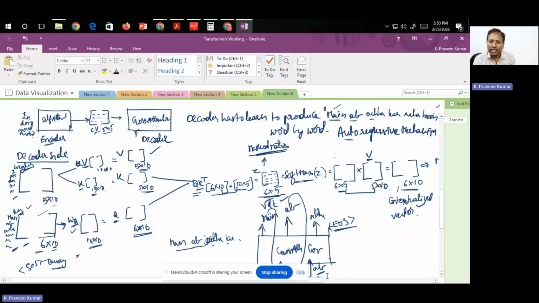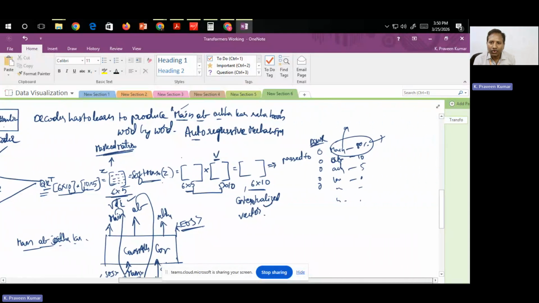And this matrix we are going to flatten and pass it to the dense layer so that it is going to produce the output of these sentences. So which one is going to have the highest probability? Of course, 'may' should get the highest probability among these 6 words. Like this it produces the first word, 'may'.